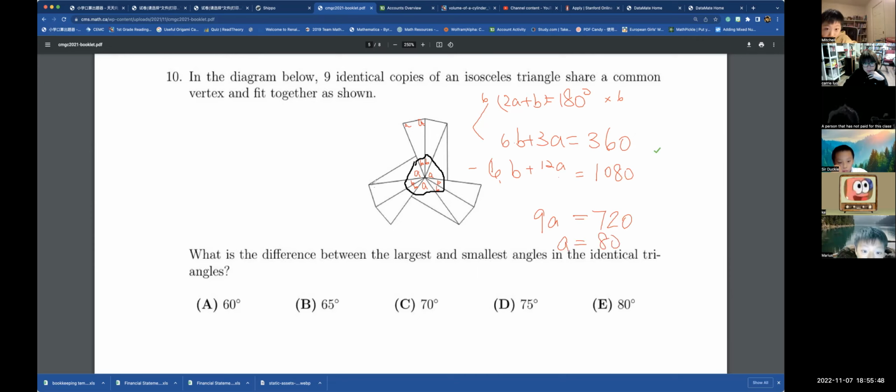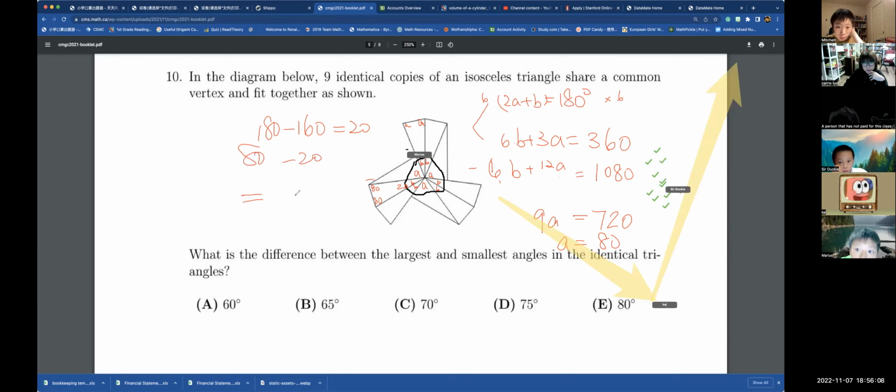So that means this is 80, this is 80. So who can tell me what B equals? 180 minus 160. So B equals 20 degrees. So what is the difference between the largest and the smallest angle here? The largest is 80, the smallest is 20. So 80 minus 20 equals 60 degrees.